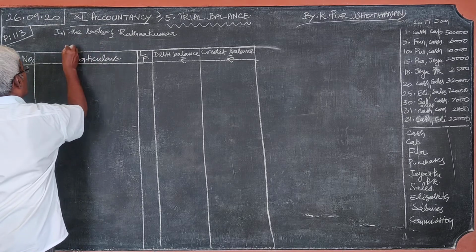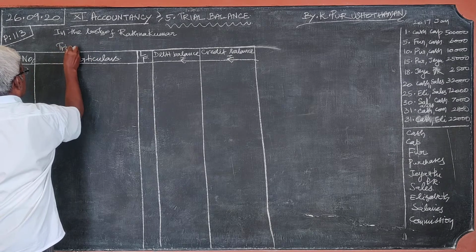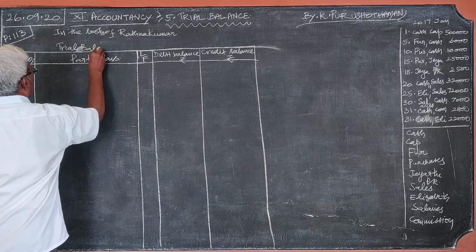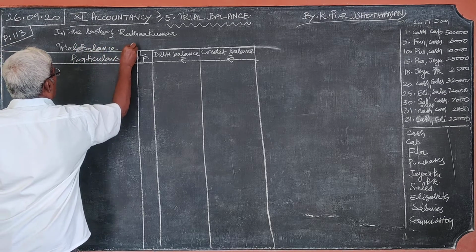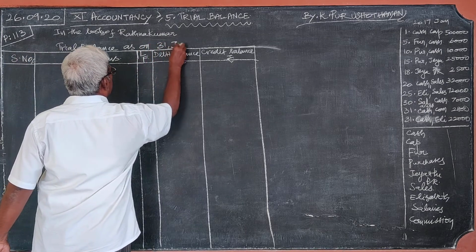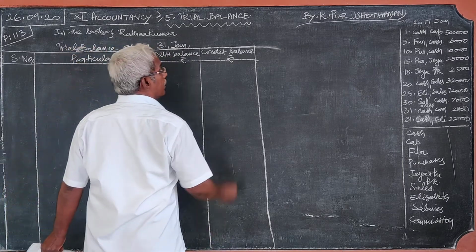So in the books of Ratnakumar, trial balance as on 31st January 2017.